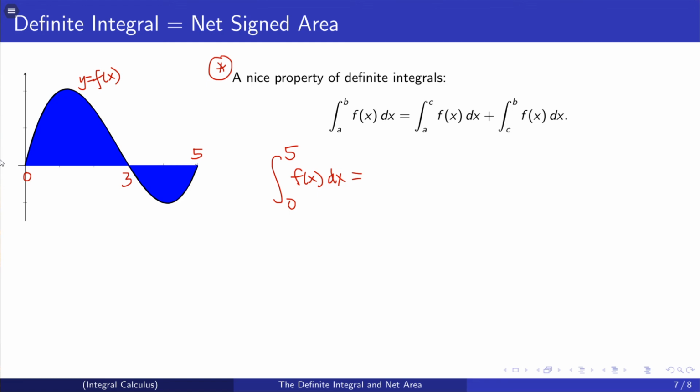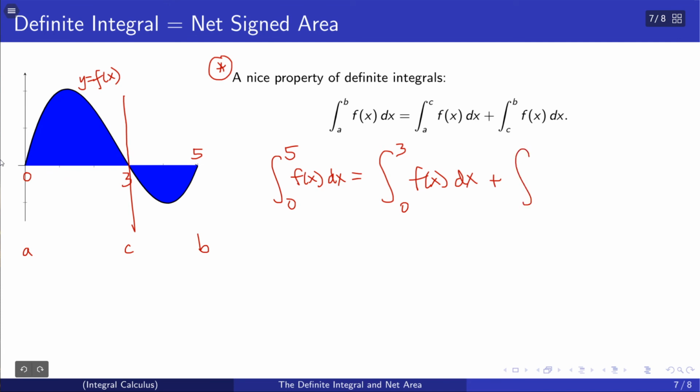It says, if you have an integral from a to b, since we know integrals are just areas, then you can split the integral up into two separate integrals. One for the area from a to c, and one for the area from c to b. And that tells us that for this specific example, we can do the integral from 0 to 3 separately from the integral from 3 to 5.